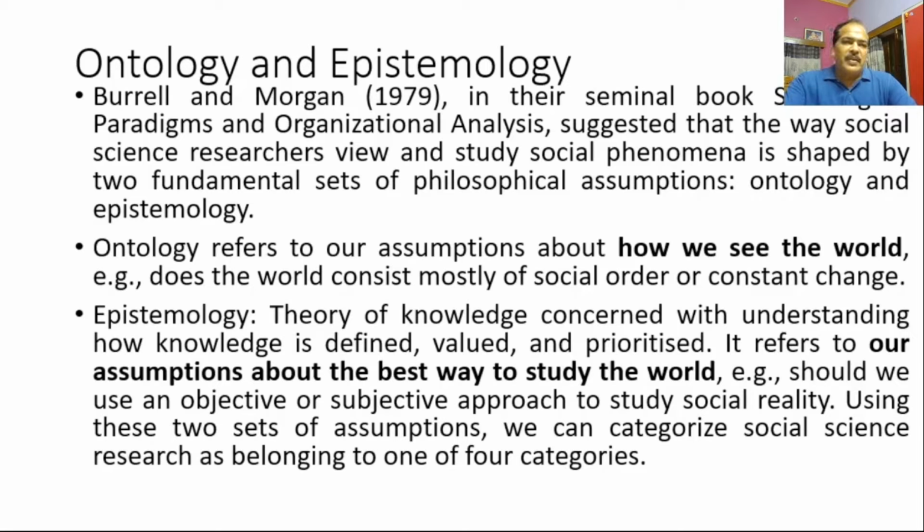It started with the work of Burrell and Morgan in 1979, and they focused on the idea that we can study social phenomena from different assumptions of ontology and epistemology. Ontology basically refers to how we see the world, and epistemology talks about the theory of knowledge. Both shape our way of looking at phenomena or the social order.